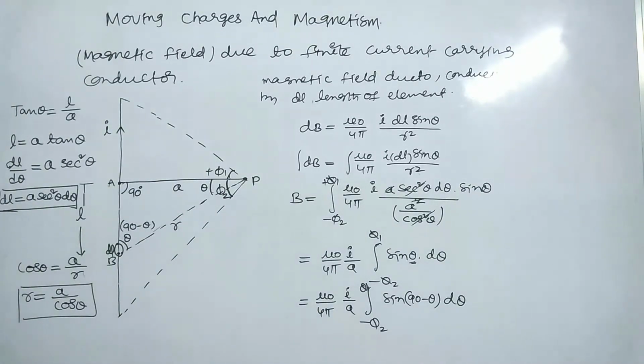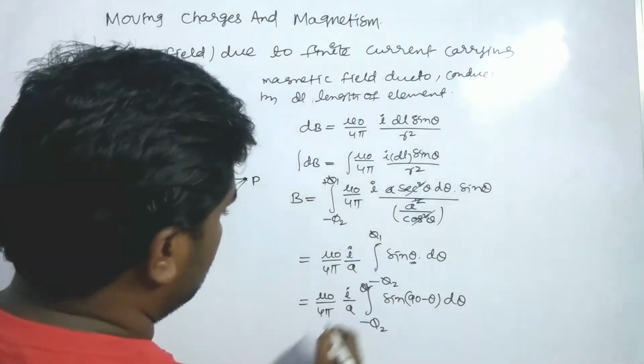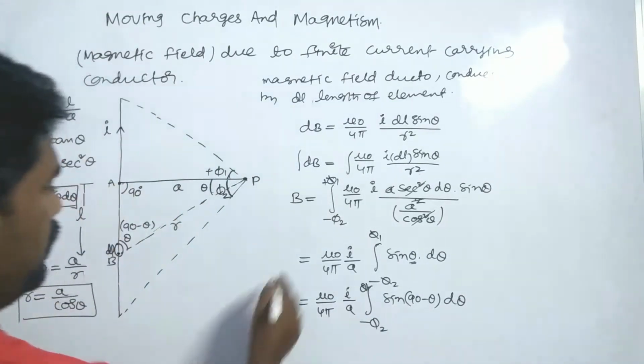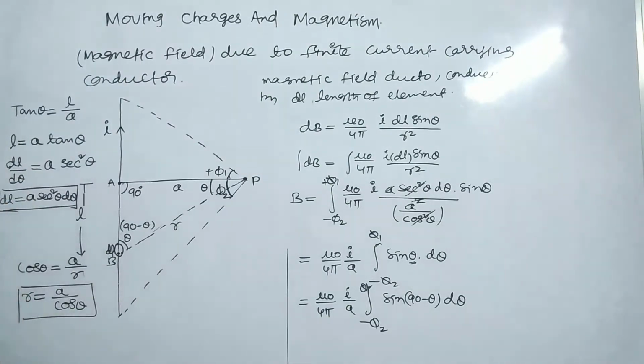Sine 90 minus theta is equal to cos theta. You can write the integral of cos theta, it is nothing but sine theta, again sine theta here, okay?